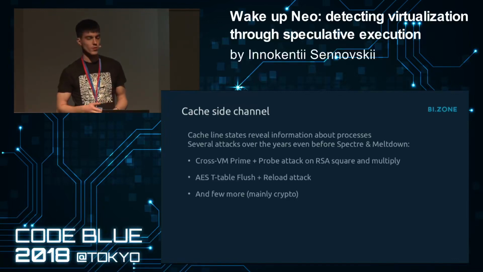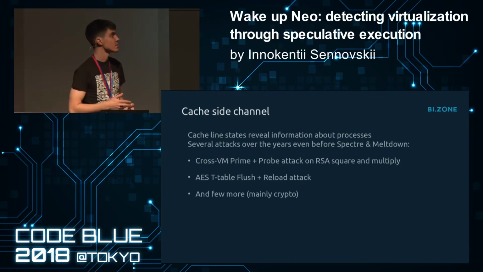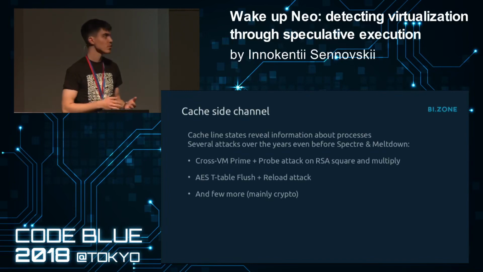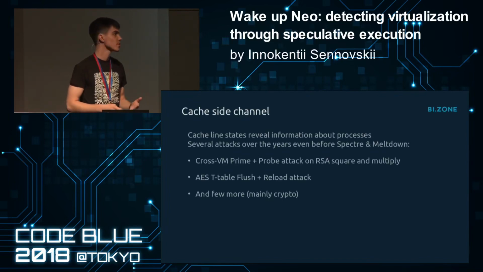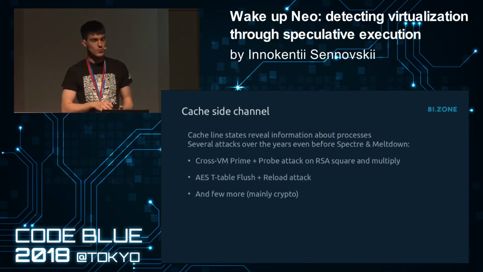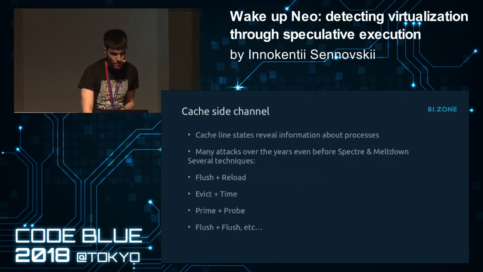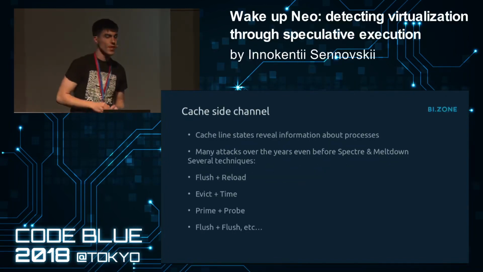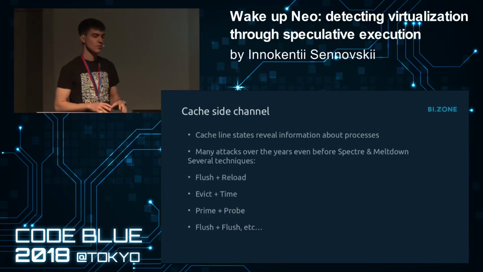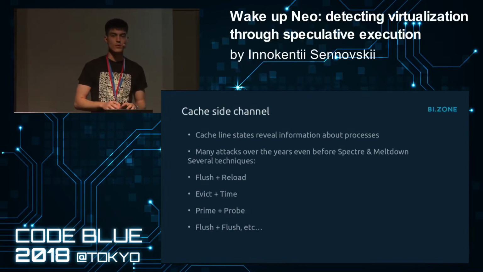Since cryptography always has sensitive data, for example, the key, and up to a certain point, cryptography which was executed in a shared environment was perceived to be quite secure before these kinds of attacks came up. So the cache side channel is performed through observing the states of cache lines.